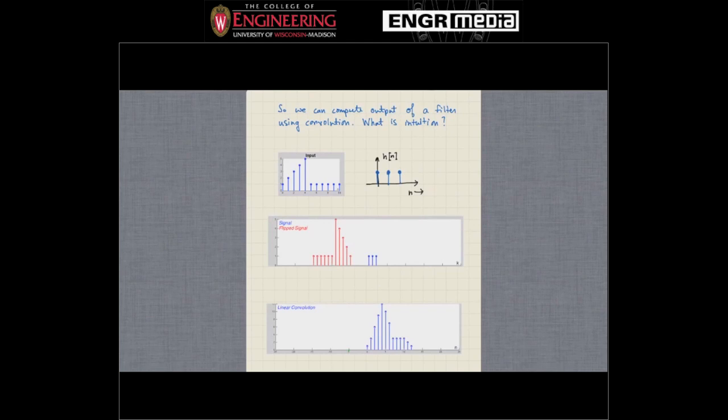So intuitively, I want to give an example of what's happening, or give some feeling of what's happening. So here's the input signal x of n, right? And here's the impulse response h of n. And what we're doing is flipping the input signal, right? There's the flipped input signal.